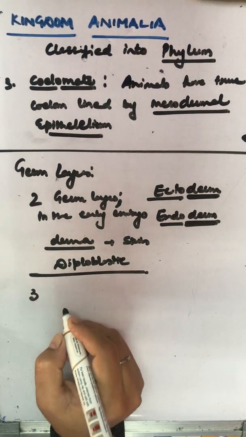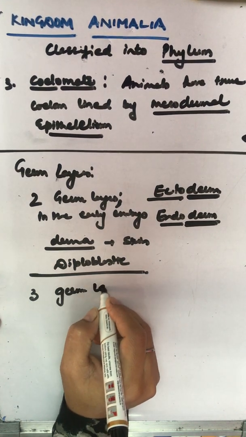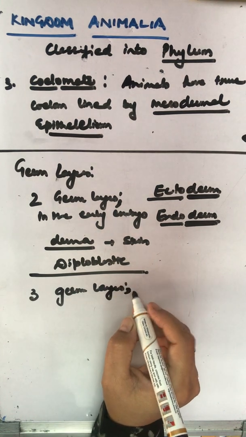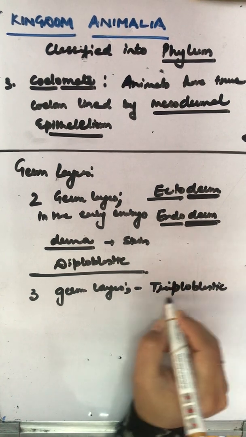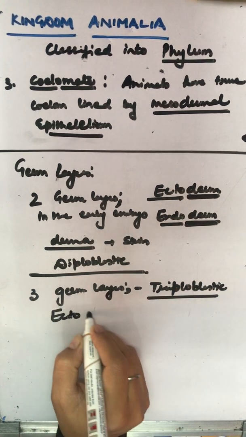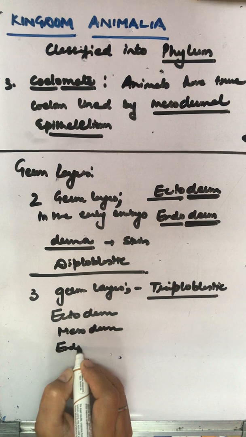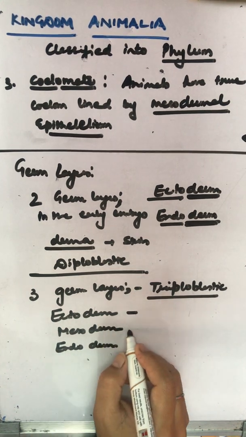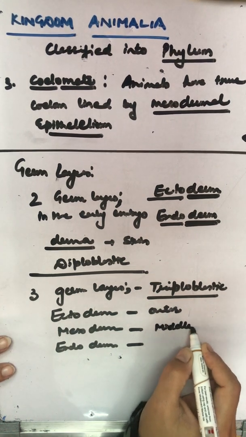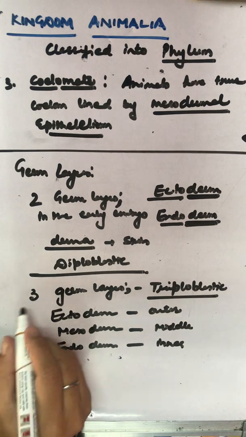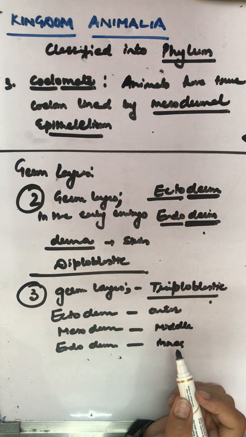If they have 3 germ layers, we call them triploblastic. It means they have ectoderm, then mesoderm, then endoderm: outer, middle and inner. So 3 germ layers, triploblastic; 2 germ layers, diploblastic.